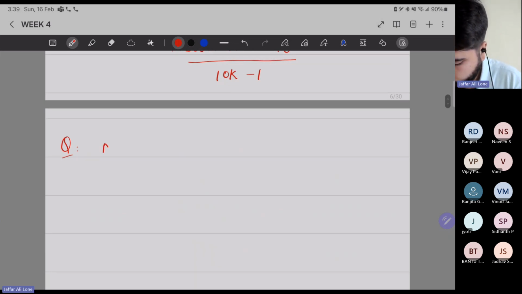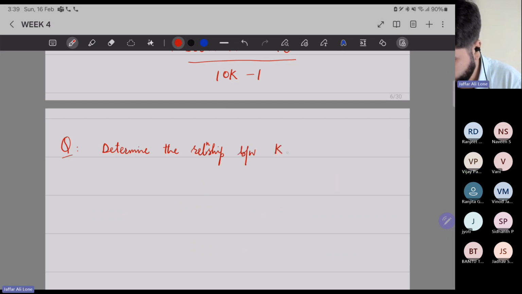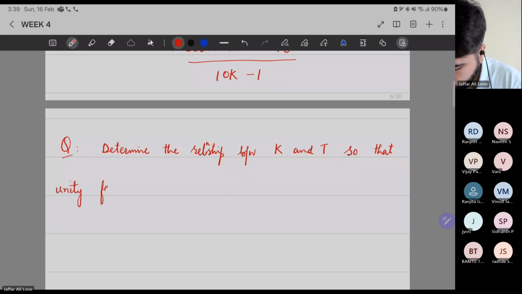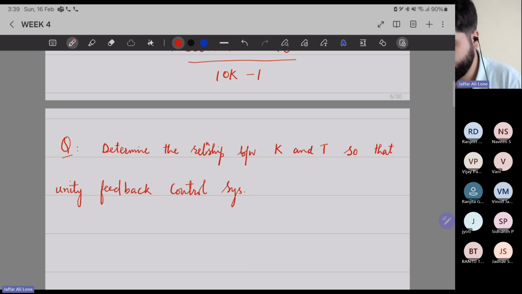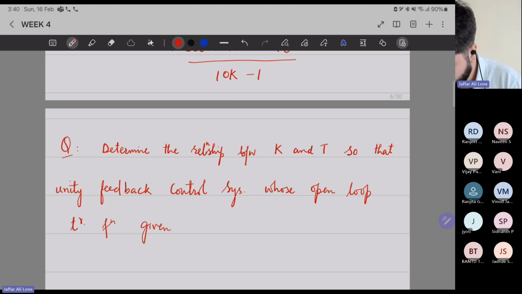You have to determine the relationship between k and t so that the unity feedback control system, carefully read the question, whose open loop transfer function given below is stable.